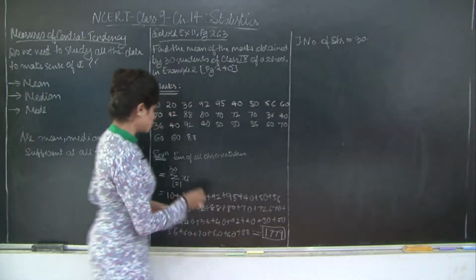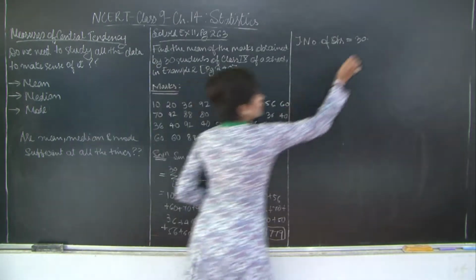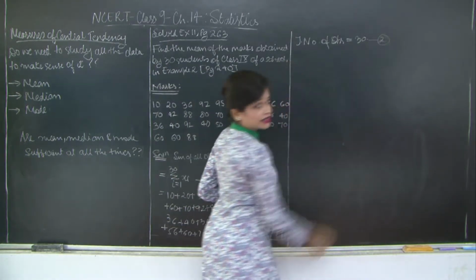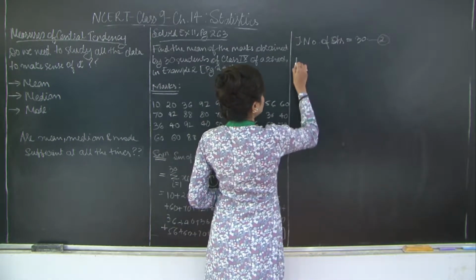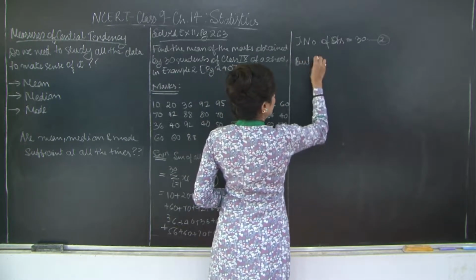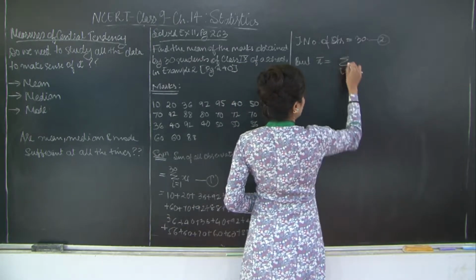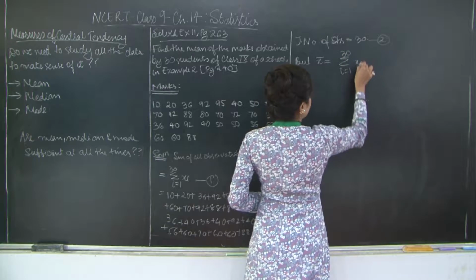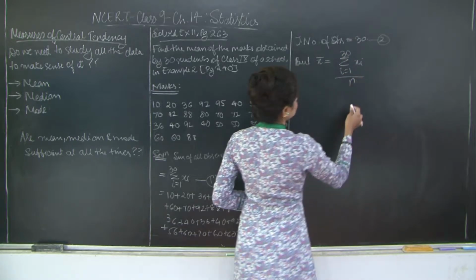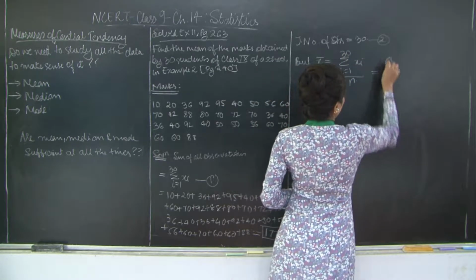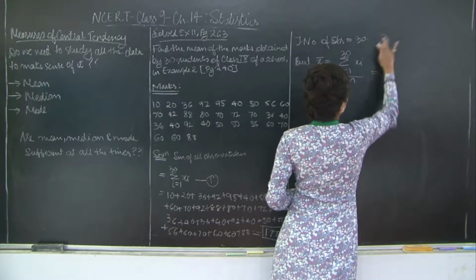But what do we have? Mean is equal to this upon this, right? So I'll say x bar or mean is equal to summation i equal to 1 up to 30 xi upon n, where n is the number of observations.